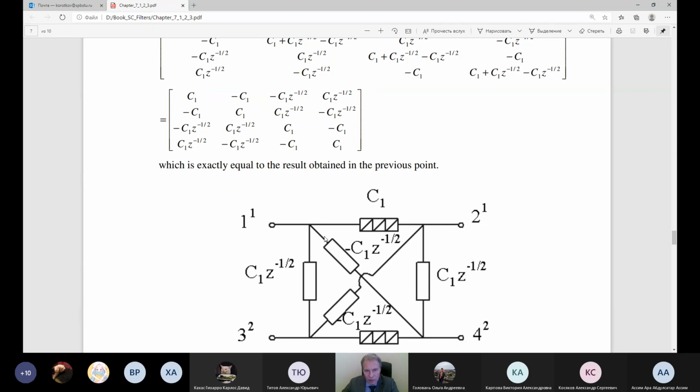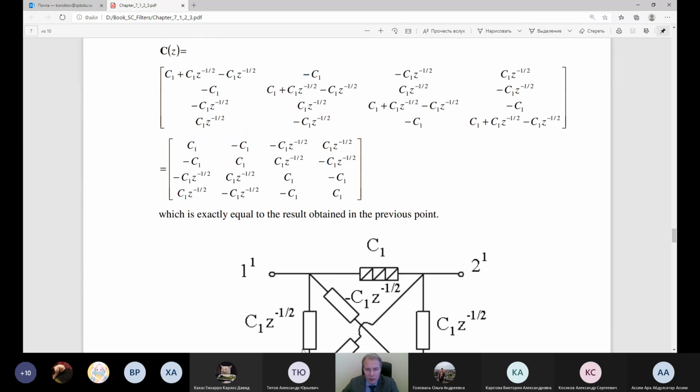So it means that we have these conductances with the opposite sign. It is minus here, and the opposite sign means that it will be plus. So that's all, and other elements will be introduced using the same approach.